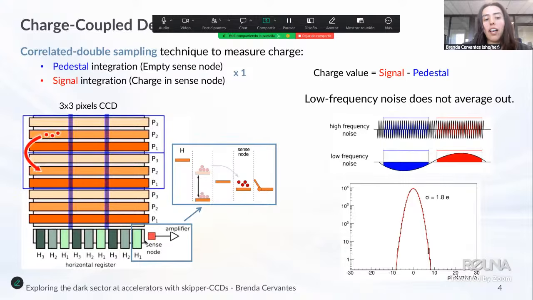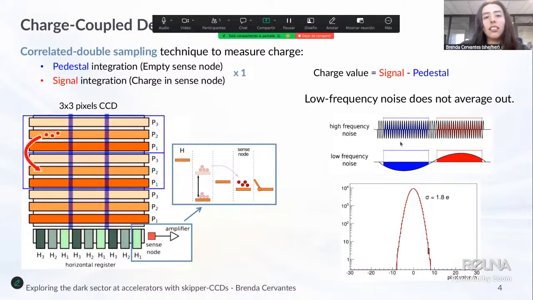So you have a uniform readout noise across all the pixels, and usually this sense node has low capacitance, so you are very sensitive to very small changes in the potentials.